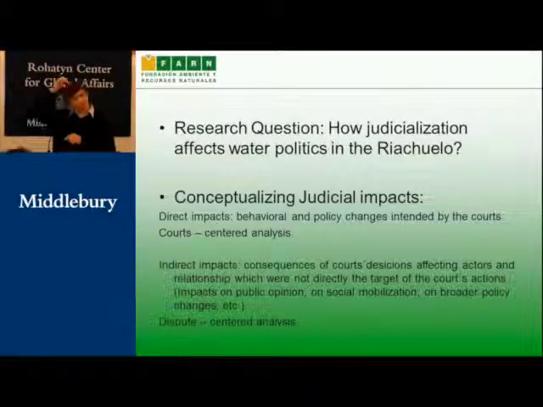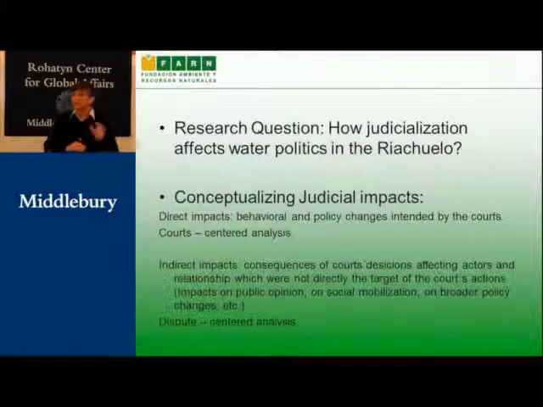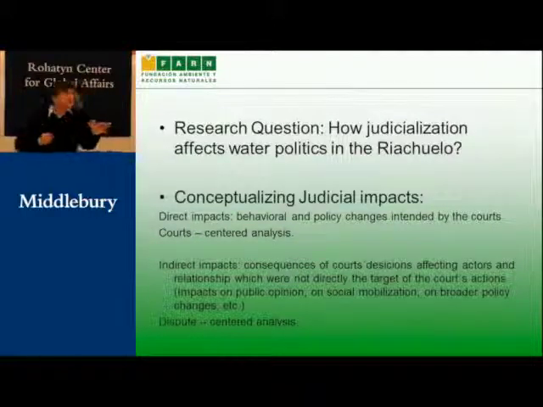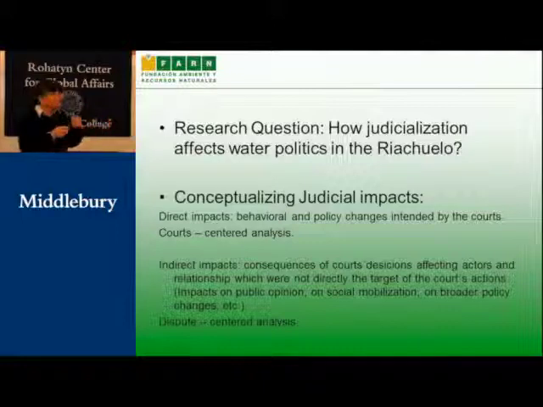I want to make a brief conceptual distinction about two types of judicial impacts that are very common in the literature on legal mobilization and court and social change. Some part of the literature focuses on direct impact, okay? Those are basically the behavior and policy changes intended by the courts.